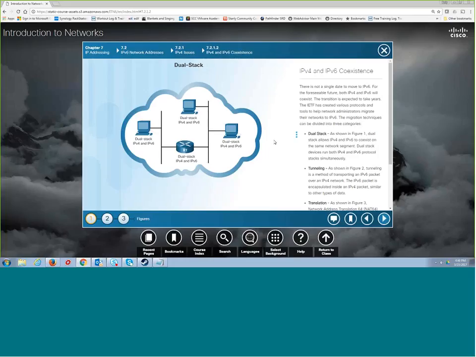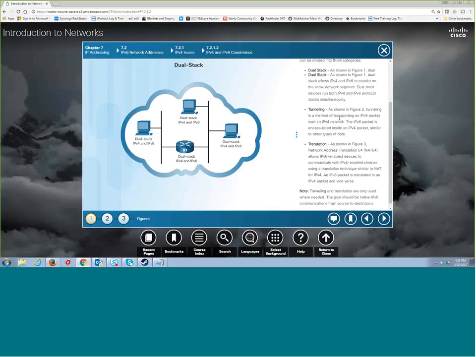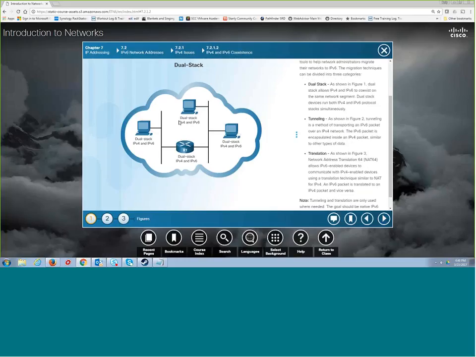Now, you can coexist IPv4 and IPv6. One is an item they call dual stack, and this is we're going to literally run both on a machine. A lot of people don't realize it, but IPv6 is turned on by default in Windows 10. So many of us are running Windows with IPv6 and don't even know it.